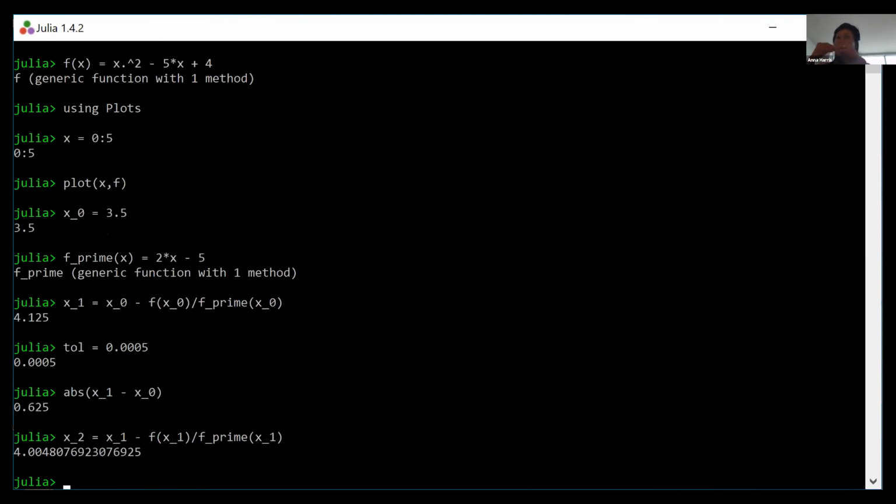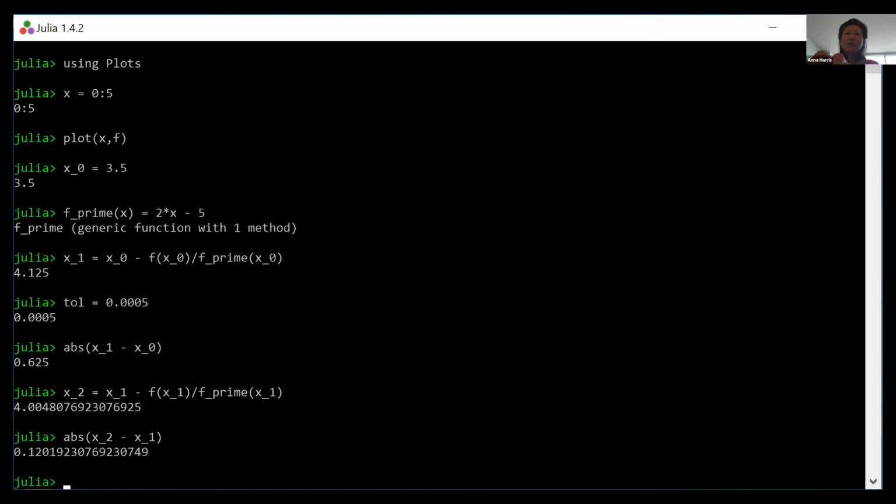The approximation to the new solution is now 4.004. Let's do the absolute value of x2 minus x1. The difference is still more than my tolerance. Remember, my tolerance is 0.0005, and then I will stop. So I need to do another iteration.